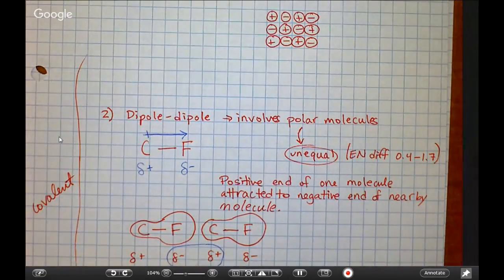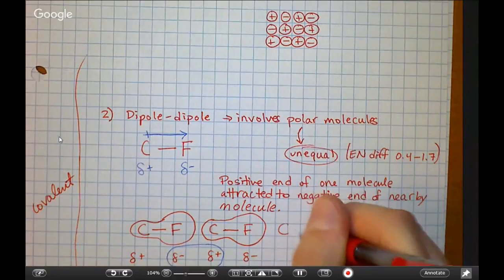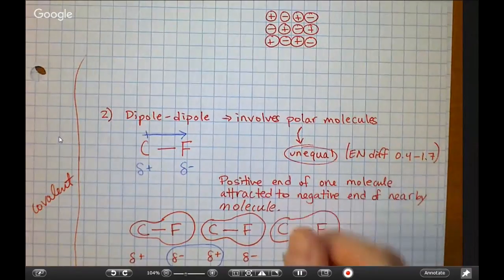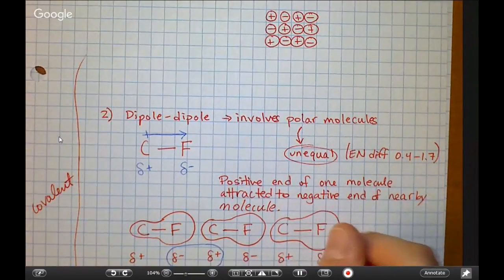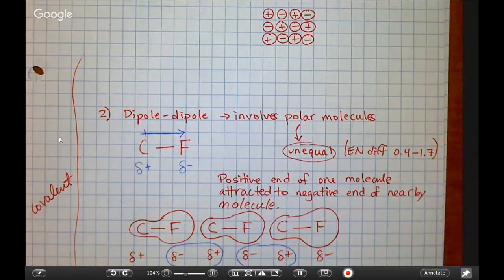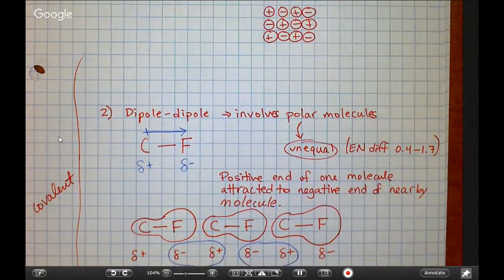So the way this is arranged, if we have multiple molecules arranged, we have negative and positive that are attracted to each other. The difference being that with covalent, these are partial charges. They're not full-on independent individual charges like ionic bonds have.